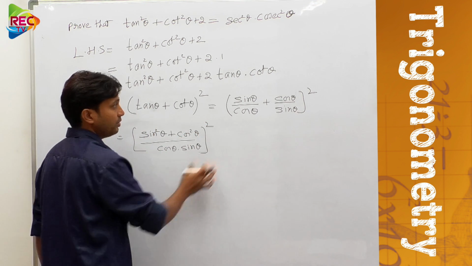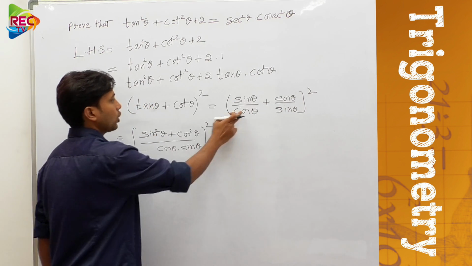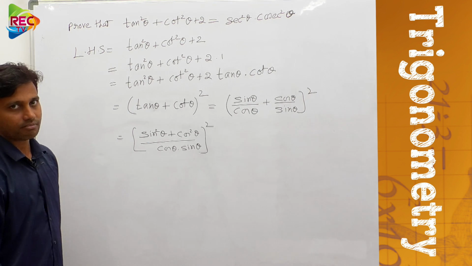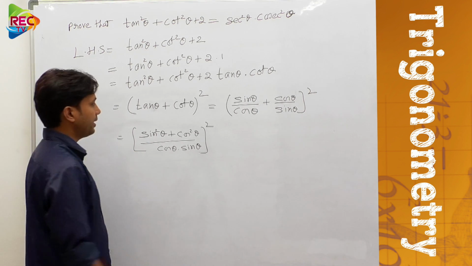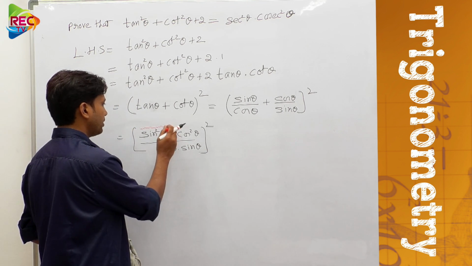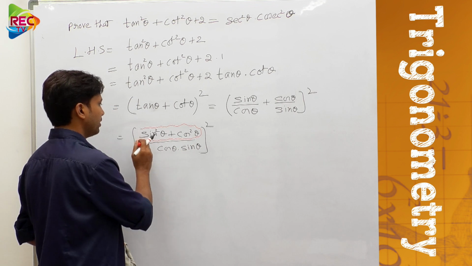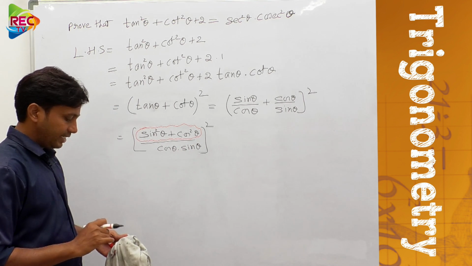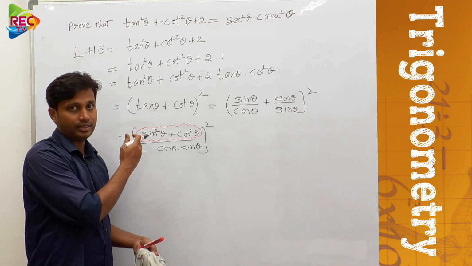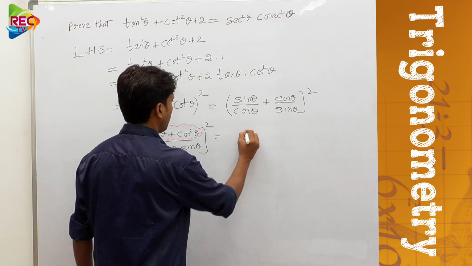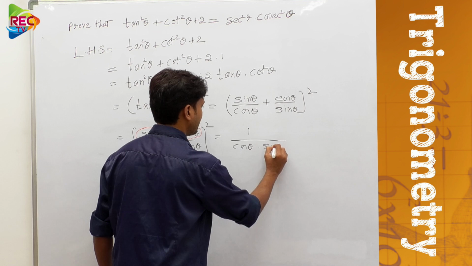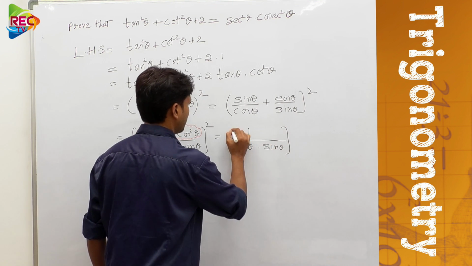Once again telling you, sin square theta here, cos square theta here, sin theta into cos theta is here. Clear or not? Now what is the value of sin square theta plus cos square theta? This is a standard trigonometric identity, and its value would be 1. So therefore 1 by cos theta into sin theta to that whole square.